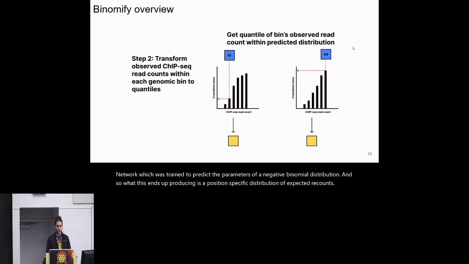So the next thing you do is take the observed number of reads in the experiment and then calculate their quantiles within the predicted distributions. In general, the quantiles will be pretty high for regions where there are a lot of reads, and they will be on the lower end in background regions. So now at the end of this step, you've gone from read counts from the original experiment to quantiles within the predicted distributions.